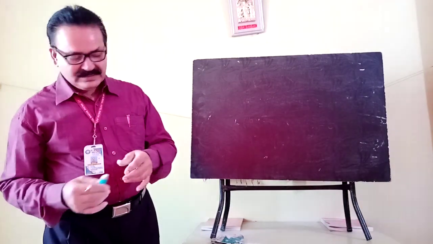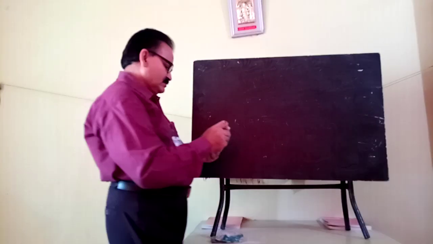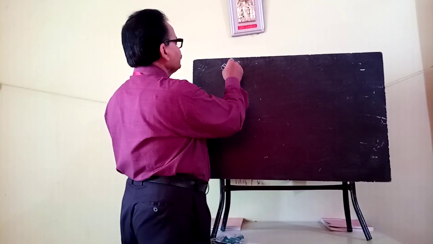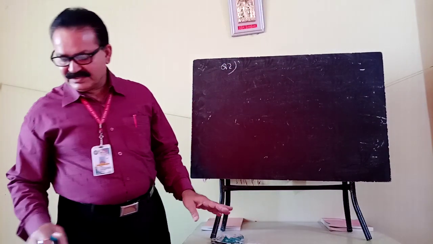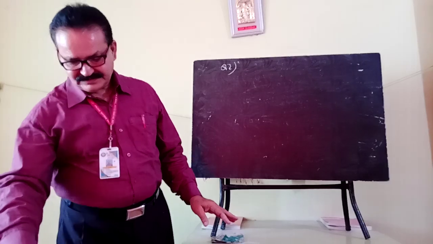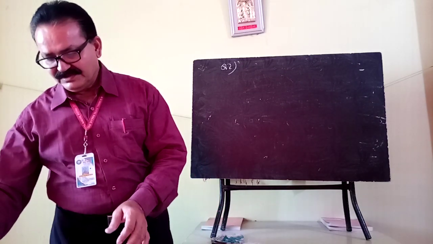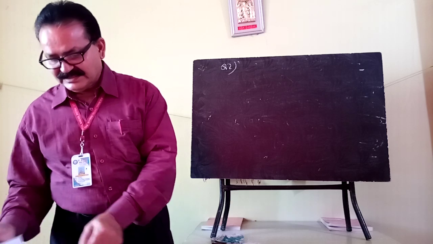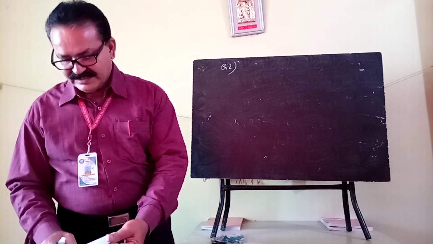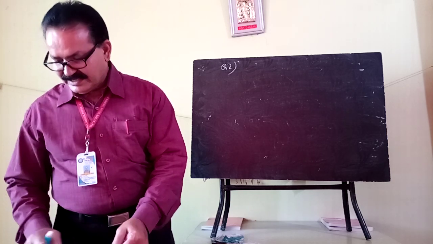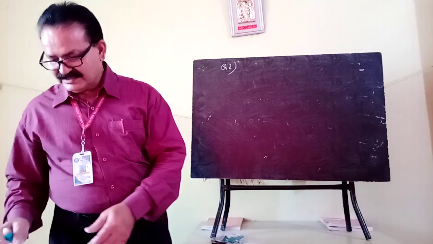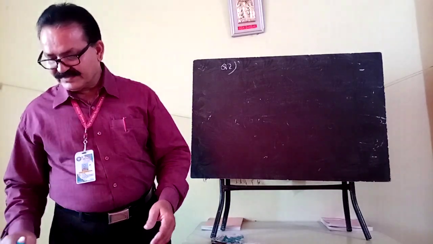Again I will solve another question for you, so that it will help you while solving the exercises. Okay, let me see another question so that it will help you.